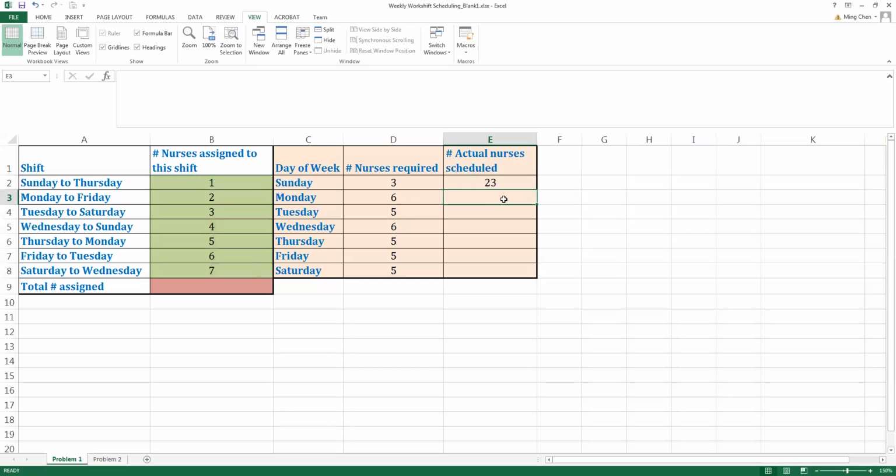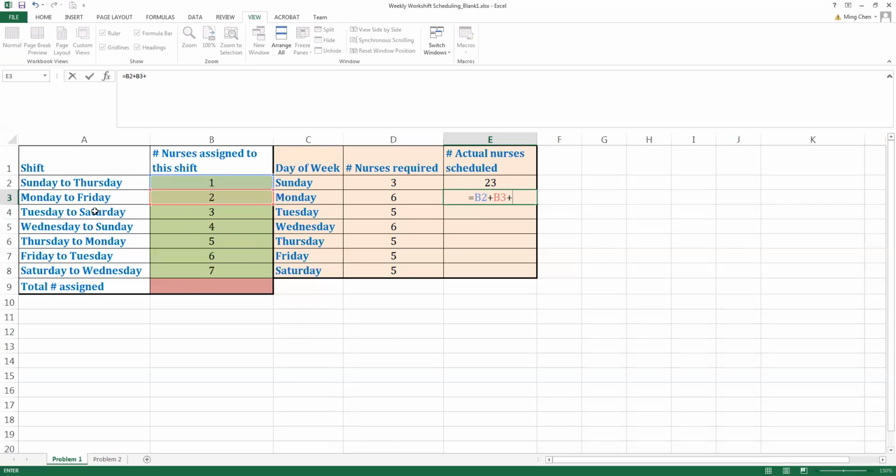The next question is, who's going to be working on Monday? What's the total number of people working on Monday? Again, we're going to use the formula. Sunday to Thursday, does that cover Monday? The answer is yes, so it's B2. What about Monday to Friday? Obviously, yes. What about Tuesday to Saturday?